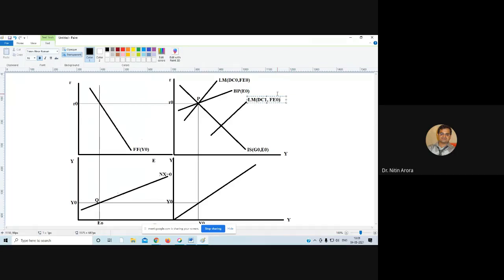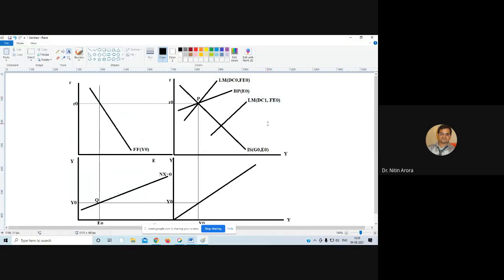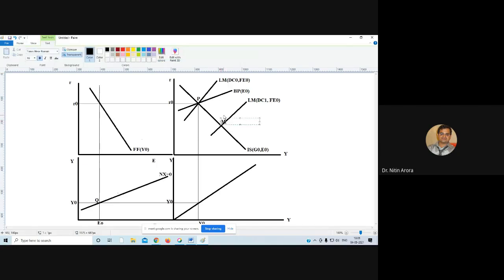So money supply is increased by expanding the domestic credits from DC0 to DC1, and so your LM curve will shift to right. It means now you will be at point M.